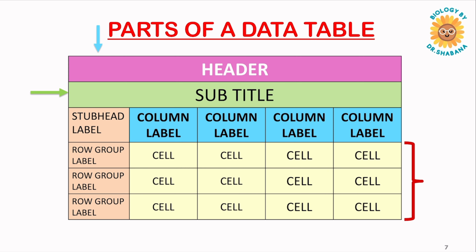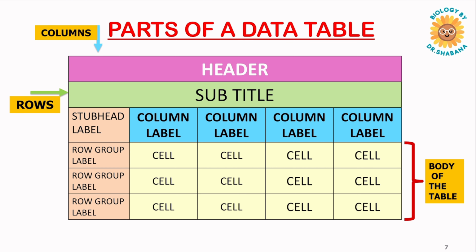Now the rows and the columns: the columns are the vertical ones, the rows are the horizontal ones, and this part is going to be called the body of the table. At the top we can see the header or the main title, and then the subtitle.